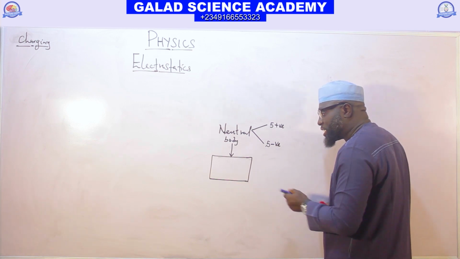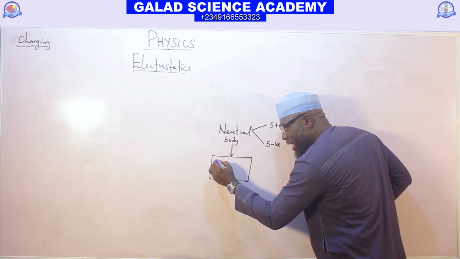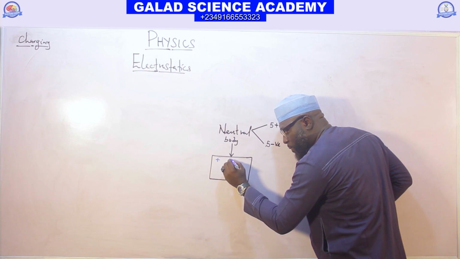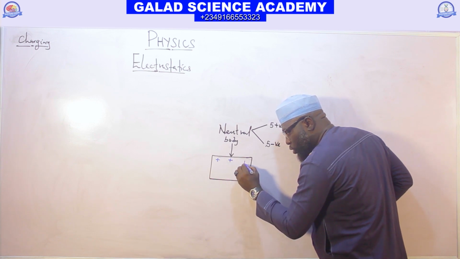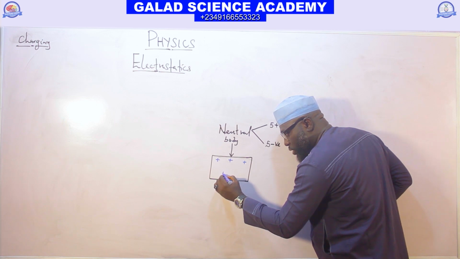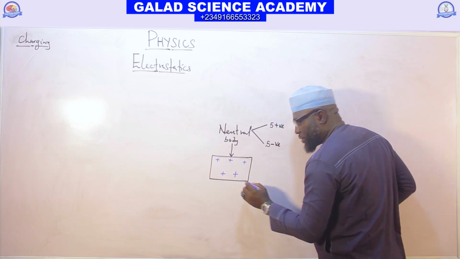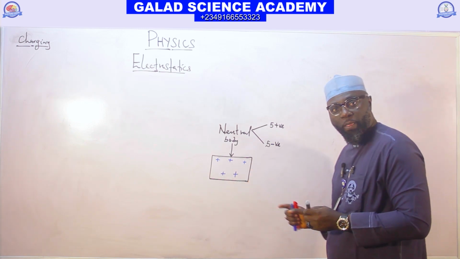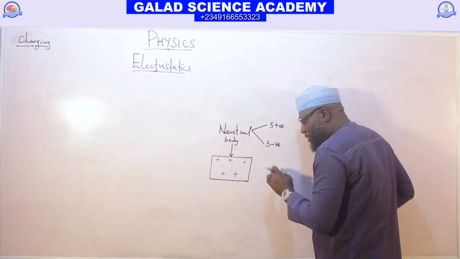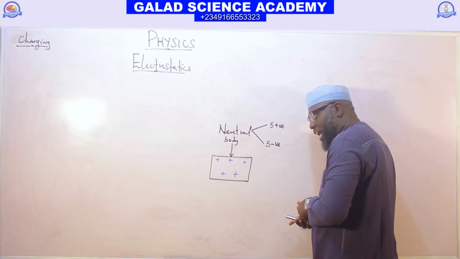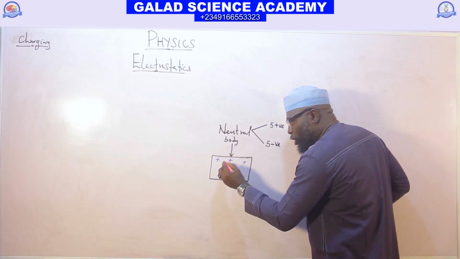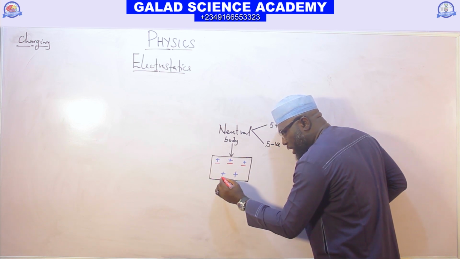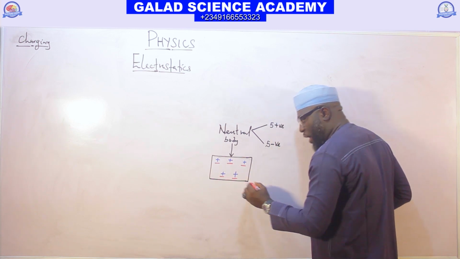The positive charge we have here is 1, 2, 3, 4, 5. So we have positive 5. The magnitude of negative charge we have in this body, we also have 5: 1, 2, 3, 4, 5.